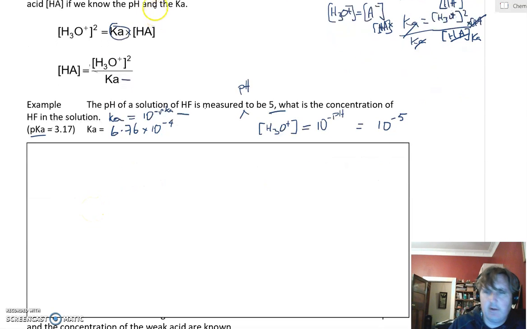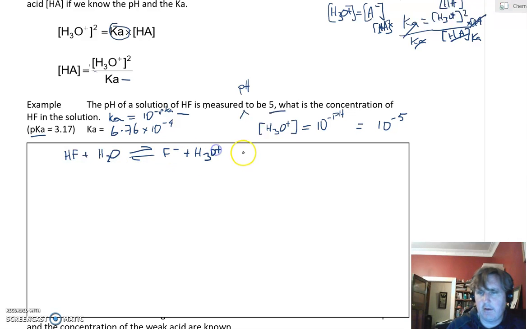So if I take HF and react it with water, we're going to get F minus plus H3O plus. Remember we know here that the concentration of F minus is approximately the concentration of H3O plus. So after we write our Ka expression, which is F minus times H3O plus over HF, we simplify this, and then we rearrange to make the weak acid the subject of the equation.